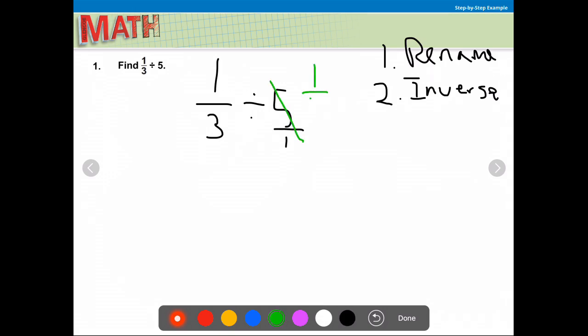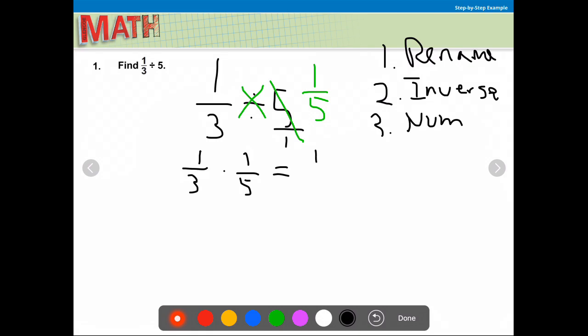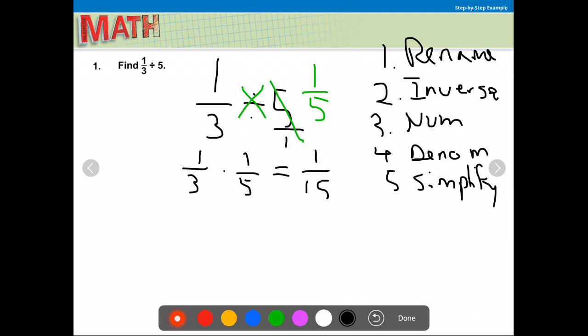The 5 goes on the bottom and the 1 goes on the top, and change the division into multiplication. So now my problem is 1/3 times 1/5. Step 3, multiply the numerators, and that's 1. Step 4 is multiply the denominators, and that's 3 times 5 is 15. And step 5 is simplify. We don't have to simplify, so this is our answer, 1/15.